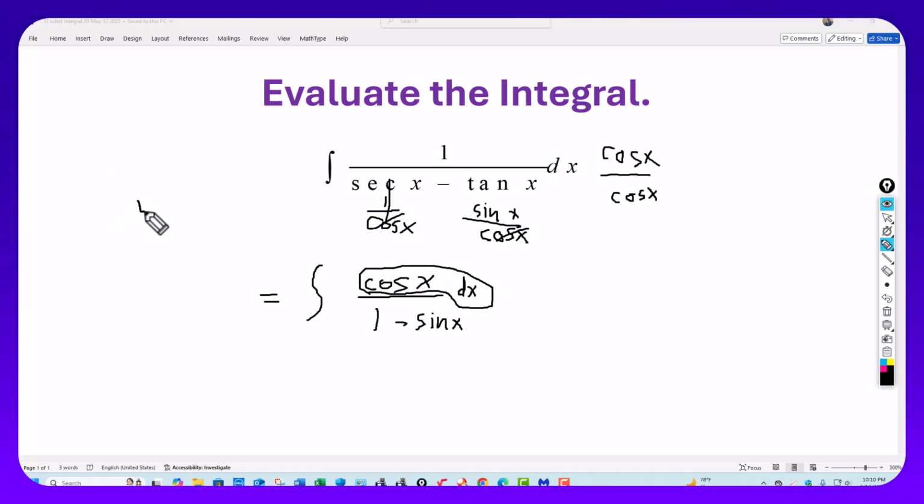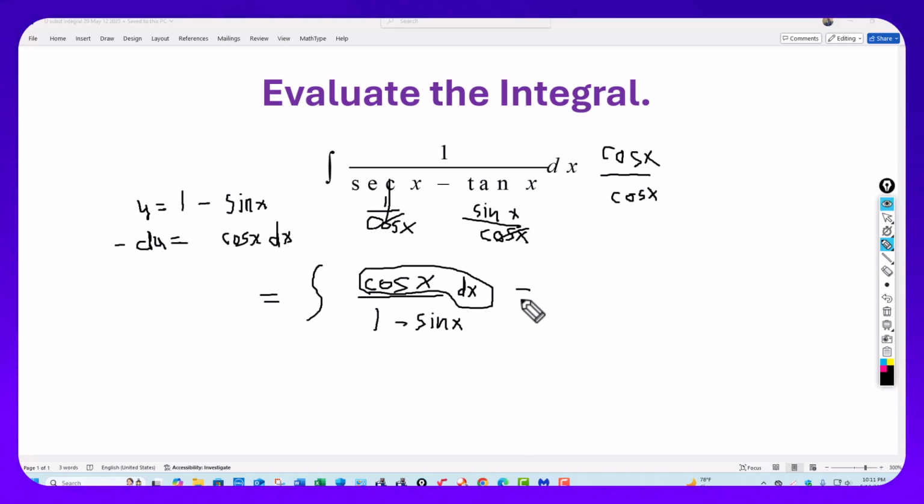So I let u equal 1 minus sine of x. Then my du would be the derivative of 1, which is 0. Derivative of sine is cosine, and of course I have the negative, so this will be minus cosine of x dx. And let's multiply by a negative here, so this becomes a positive on the right side, and on the left side I get minus du.